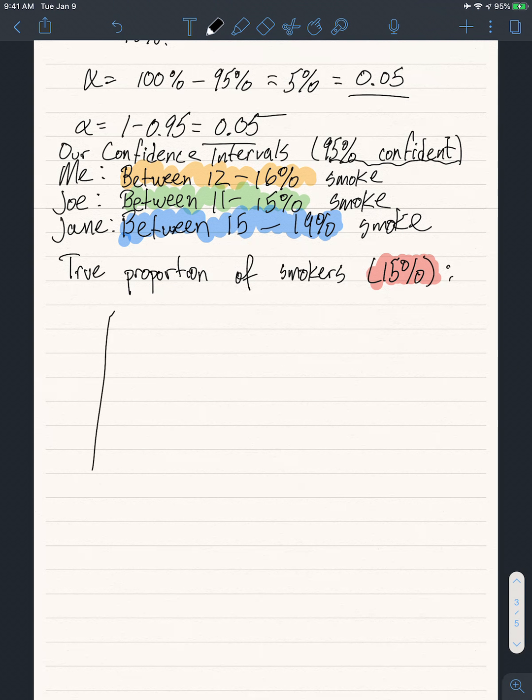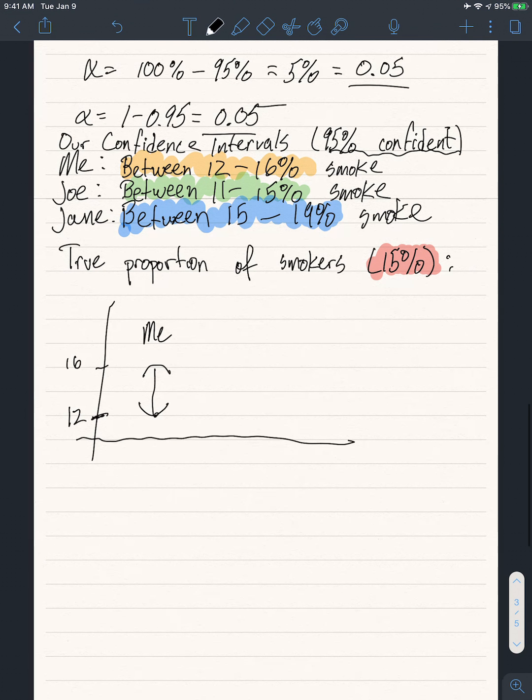But if we were to plot these different ranges each of these statisticians are giving, I said between 12 and 16, Joe between 11 and 15, Jane between 15 and 19, so that you can see them, maybe here's me. This is 16%. My lower limit was 12%. I said between 12 and 16. Joe said it could go a little lower, maybe as low as 11 and as high as 15, so right there.